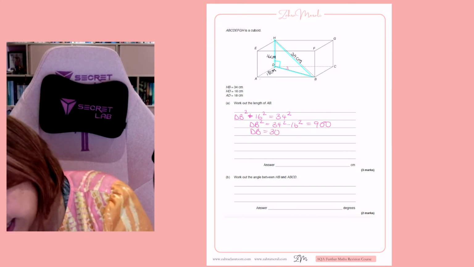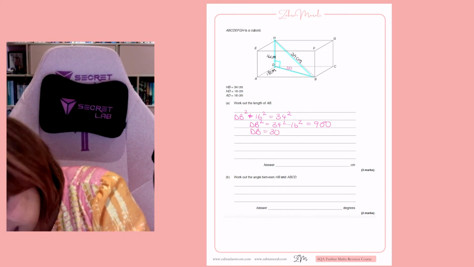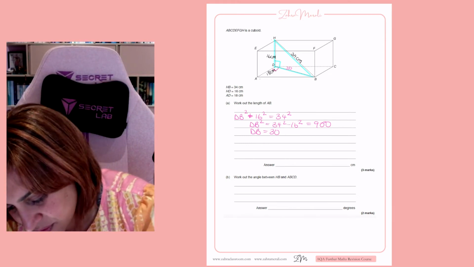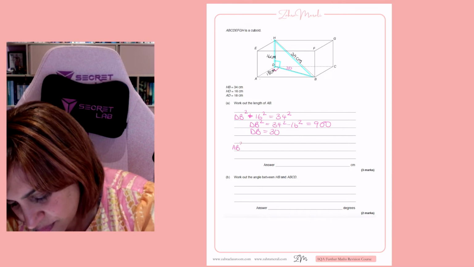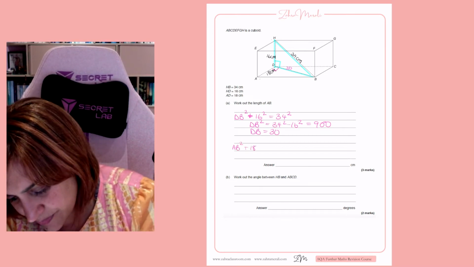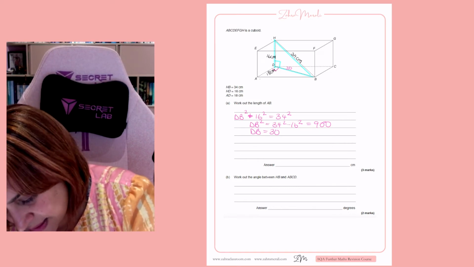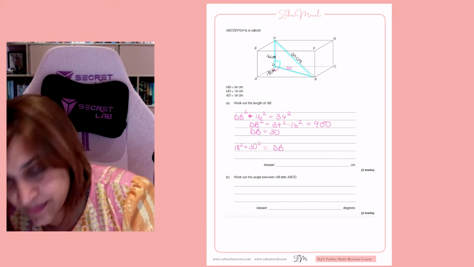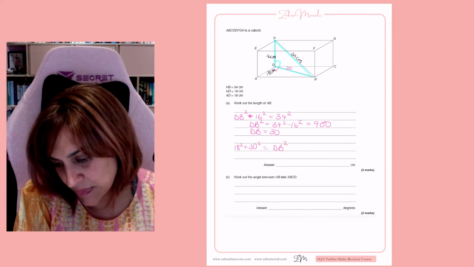So now we've got 30, and then we've got another right angled triangle. So if we want to find out AB, oh wait, sorry, DB is my hypotenuse.